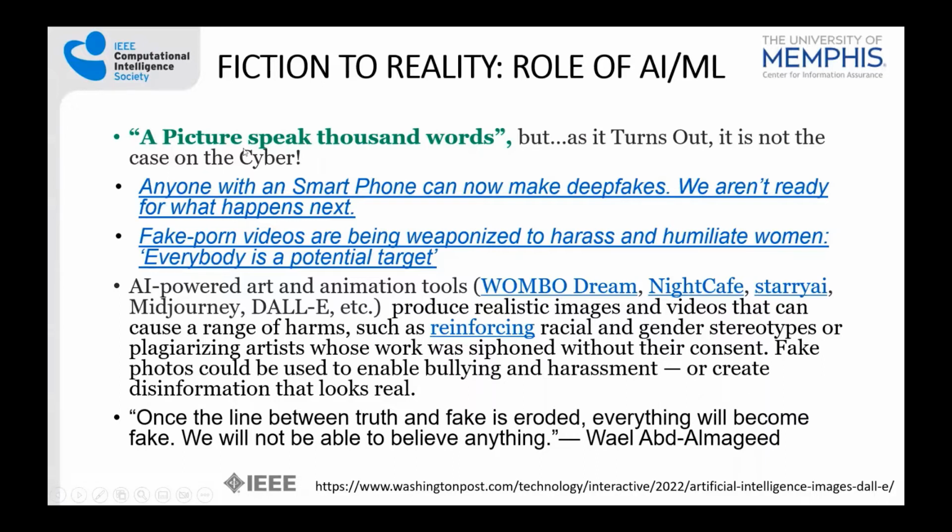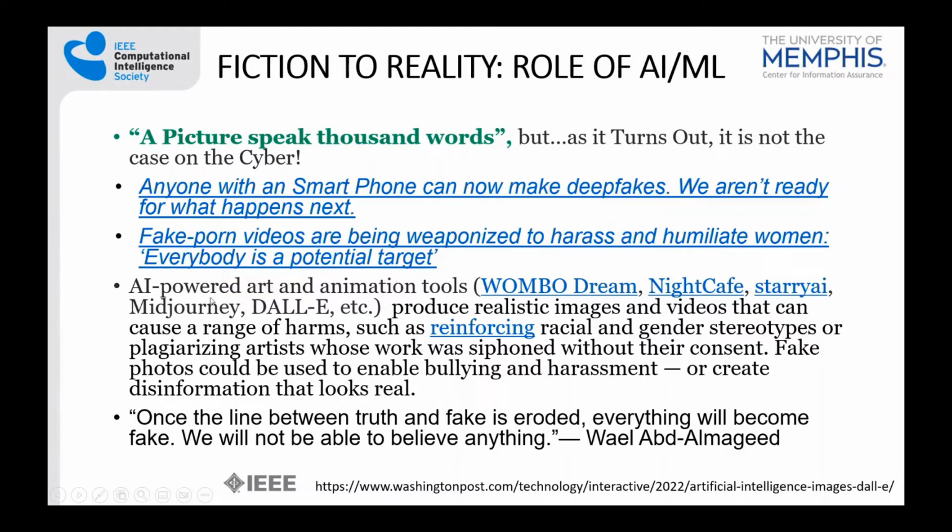As we know, a picture speaks 1,000 words, but as it turns out, that is not the case in cyberspace. Anyone with a smartphone can now make a deepfake. We are not ready for what happens next. Fake porn videos are being weaponized to harass and humiliate women. Everybody is a potential target.